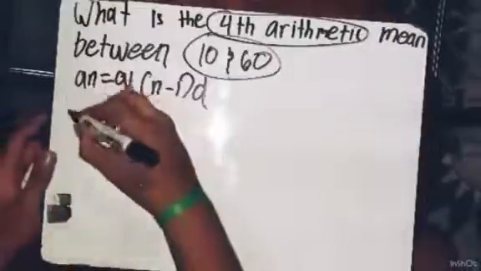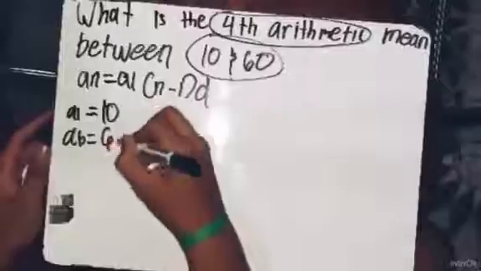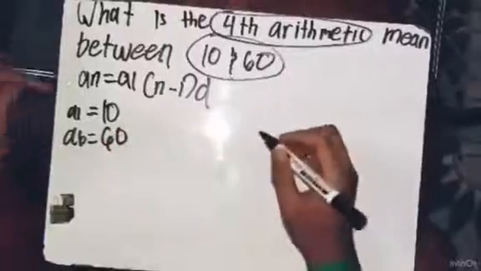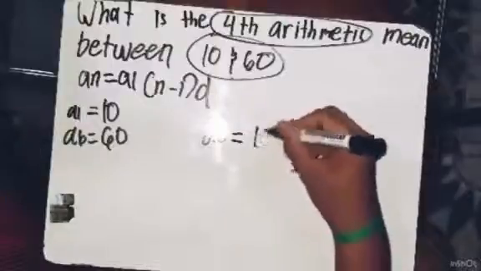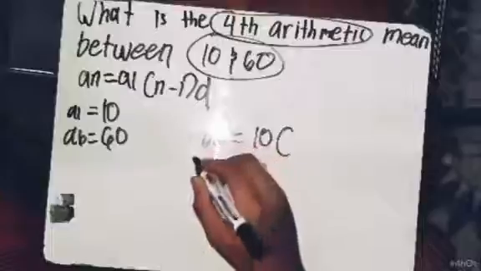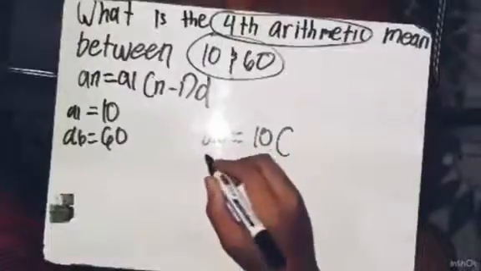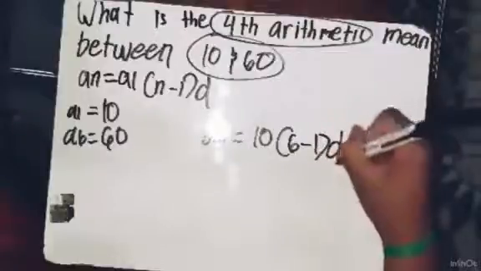So, like I said, A1 is 10 and A6 is 60. So, an will be A6, like this. A1 will be 10. And like last time, n is like A6 is an, but you're just going to copy the number, not the letter. So, it will be 6 minus 1 multiplied by d.